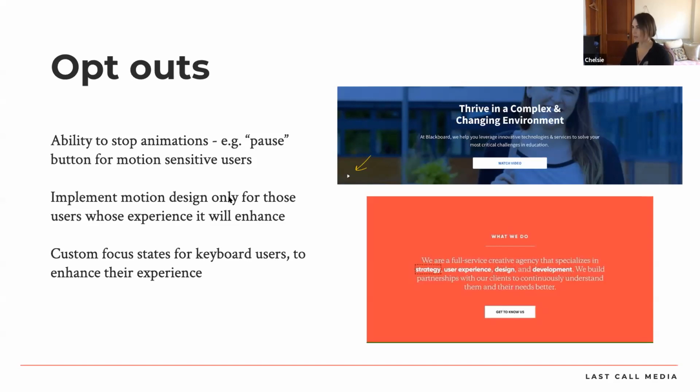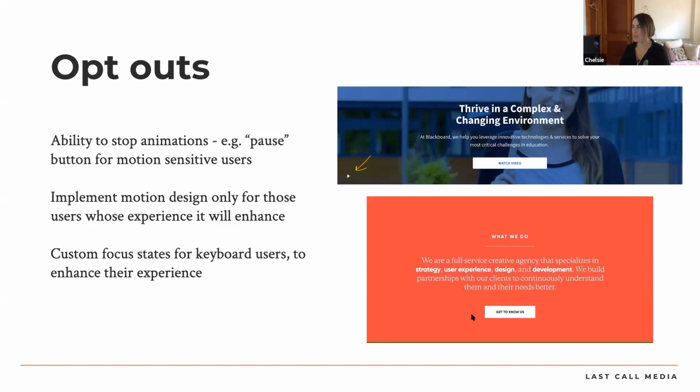Lastly, we have had some success with implementing custom focus states for people who are navigating using a keyboard, or anyone else who relies on focus states to navigate things. The default focus state is like a faint blue glow, maybe a 3-pixel blue glow. And as you can see from the screenshot, this is on the Last Call Media site, that wouldn't have shown up here at all.